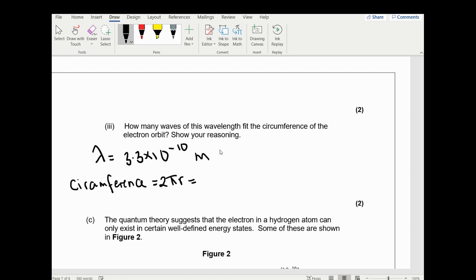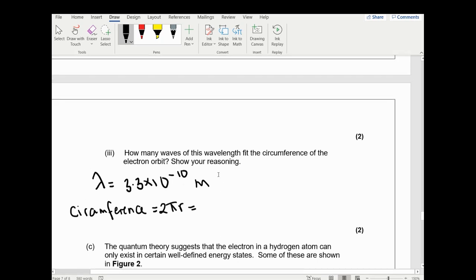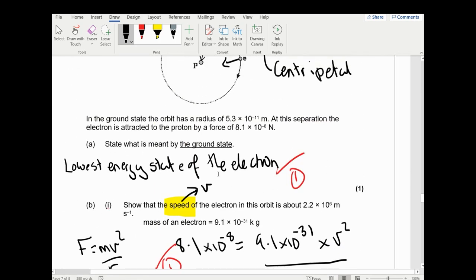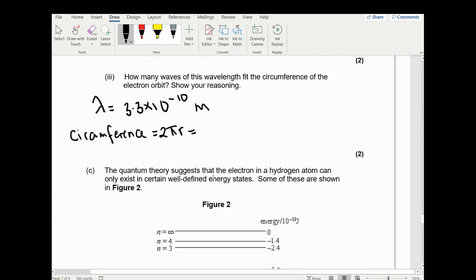So that's 2 times pi times whatever the radius was. So the radius is 5.3 times 10 to the minus 11. So that's 3.3 times 10 to the minus 10. So how many waves of this will fit into there?